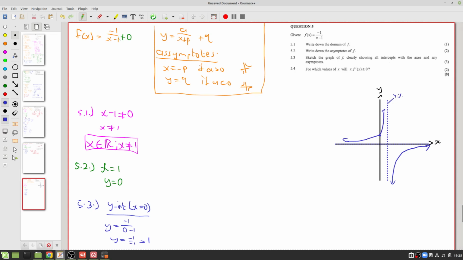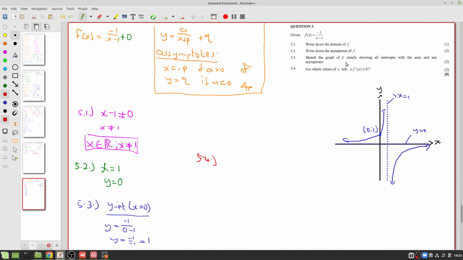This is x equals 1. This asymptote is y equals 0. The y-intercept is (0, 1), and there's no x-intercept. So we've drawn our asymptotes, found our intercepts, there was only one in this case, and drawn our graph in the correct quadrants. Good. Question 5.4. Let's do that over here.